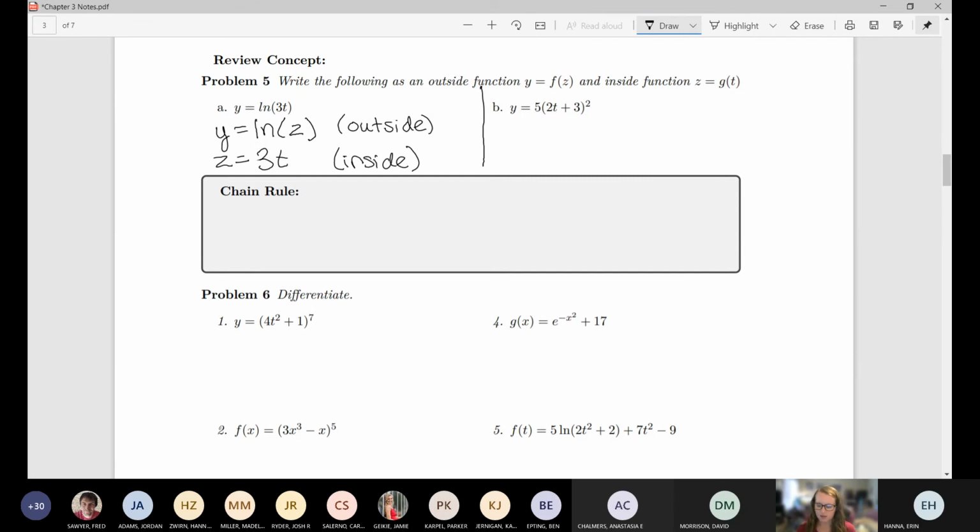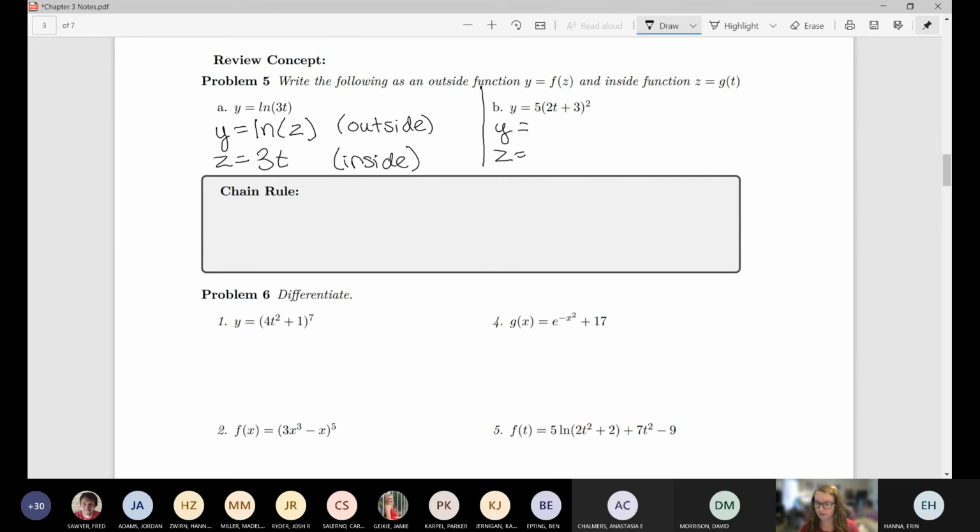Whereas in this other one, we have 5 times 2t plus 3, all squared. If I want to break this up into 2 pieces, one tip I suggest when figuring out inside versus outside is to pretend you're plugging in a number. Say I said let t be 0. What would you do here? If you had to take each step individually, first you would multiply it by 2.